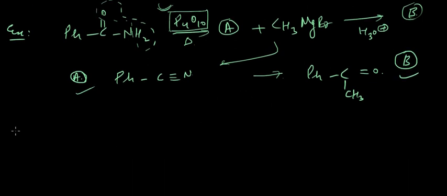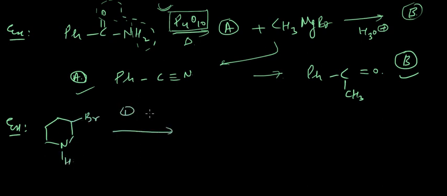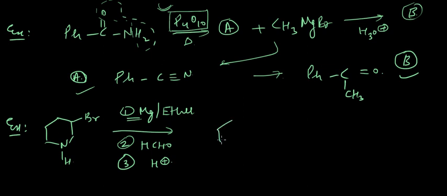Okay, now let us look at another example wherein we have something like this, NH here and Br here. First we react with Mg in presence of ether, second we have HCHO, and third we have acidic medium. So what will happen? From the first step, preparation of Grignard reagent will take place. We'll get MgBr here.